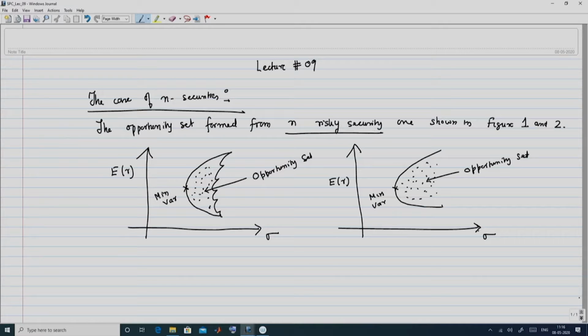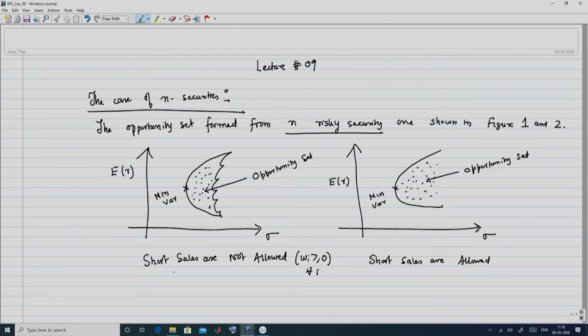So, why do we have two graphs? The first graph is basically when short sales are not allowed. That means all your weights have to be greater than or equal to 0, that means w_i greater than or equal to 0 for all i. And the second case gives the opportunity set when short sales are allowed.